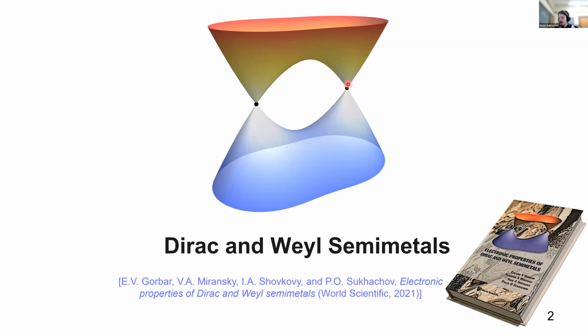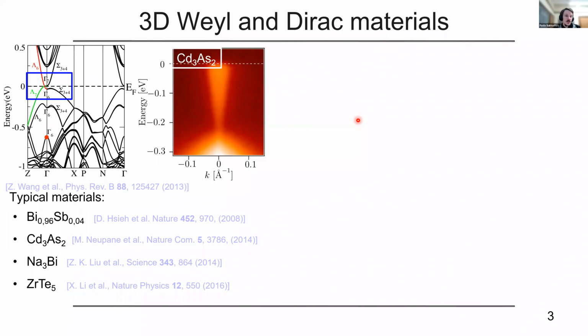Such a nontrivial dispersion attracted a lot of attention both from experiment and theory. Indeed, in 2014, Dirac semimetals were experimentally discovered in such materials as trisodium bismuthide, the cadmium arsenide compound, and a bit later in zirconium pentatelluride.